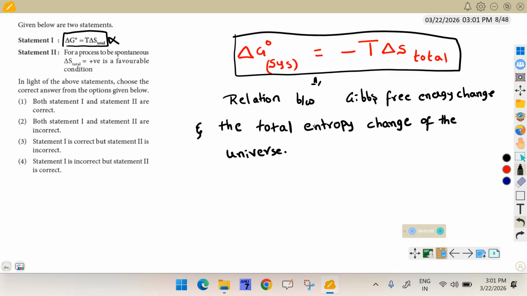The relation between Gibbs free energy change and the total entropy change of the universe is delta G system equals minus T delta S total. So the first statement is wrong. For a process to be spontaneous, delta S total is positive. Correct. Statement 1 is wrong, but statement 2 is correct.